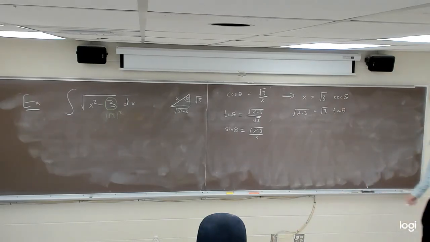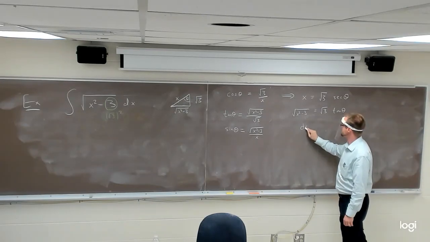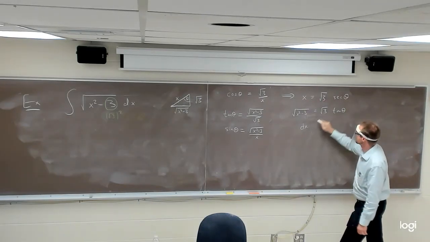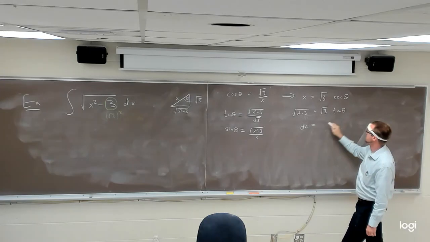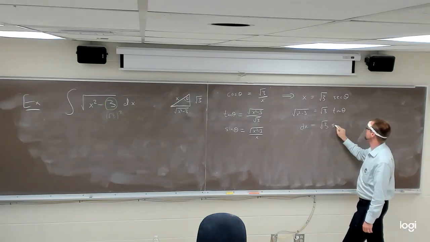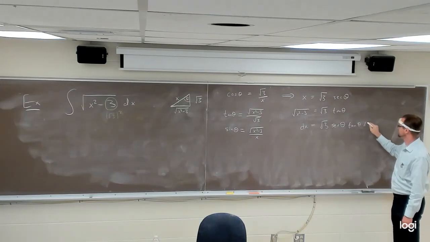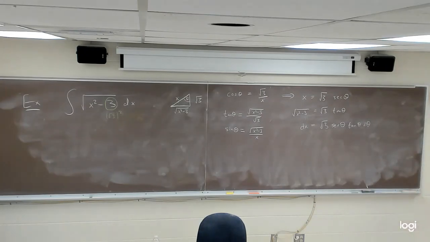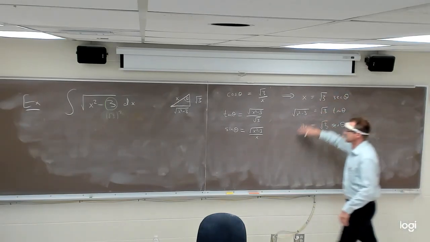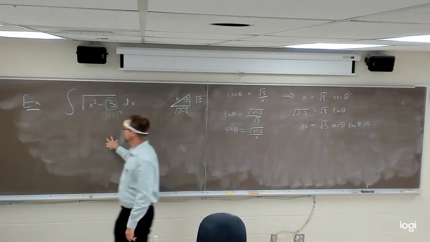And then to find dx, I need to differentiate. So the derivative of secant is secant times tangent. I have root 3 sec theta tan theta d theta. All right, now I need to put all these pieces in over here.